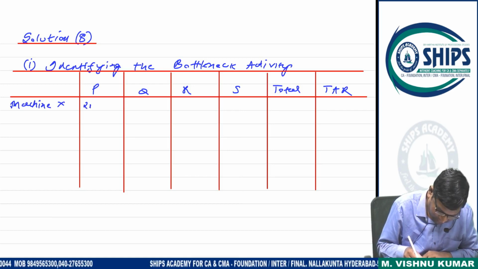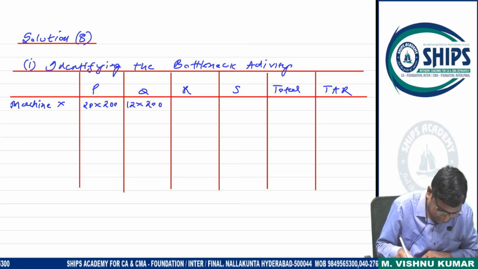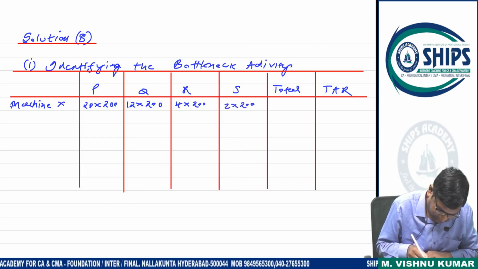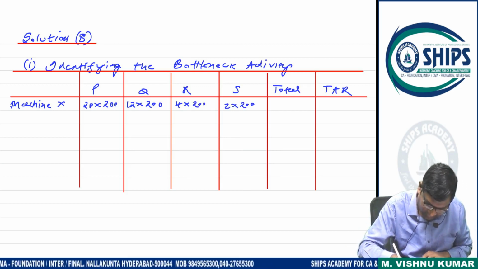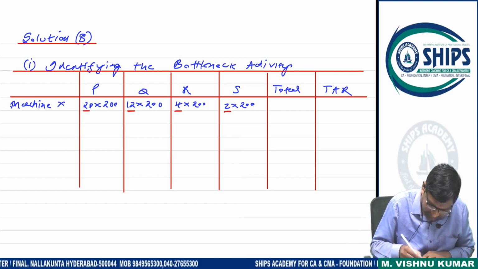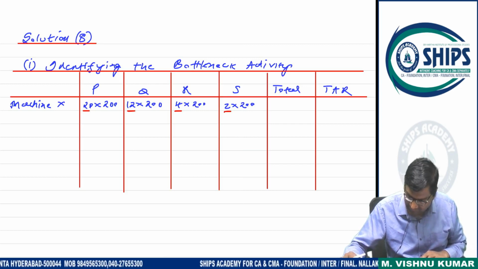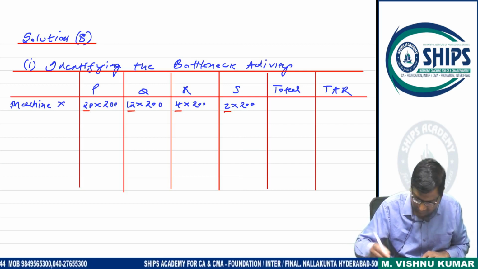Machine X: 20 into 200, 12 into 200, 4 into 200, 2 into 200. So directly you can solve in this way: 20, 12, 4, 2, add this, 38. 38 into 200, 7,600.